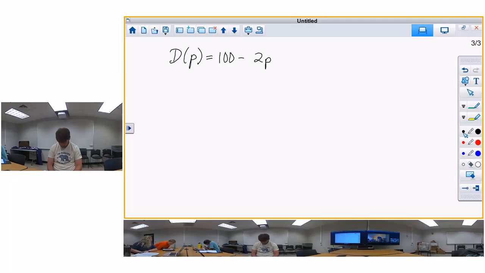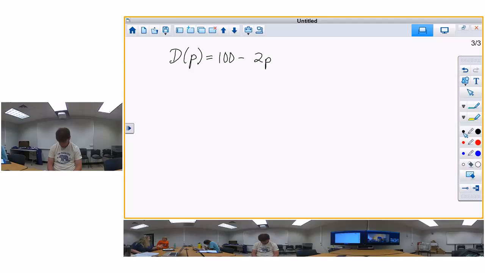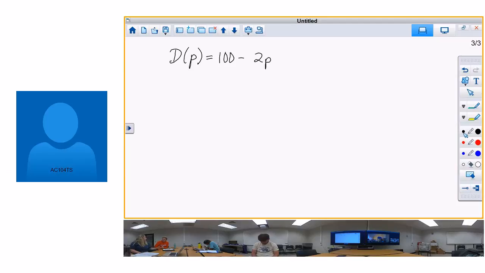They put a note, WebAssign expects students not to round intermediate values. They put notes in this note-taking guide that says WebAssign doesn't do the same thing that we do. That's great.